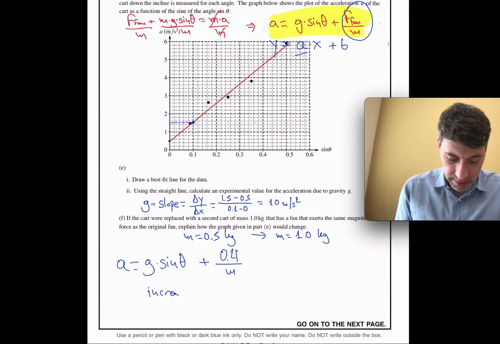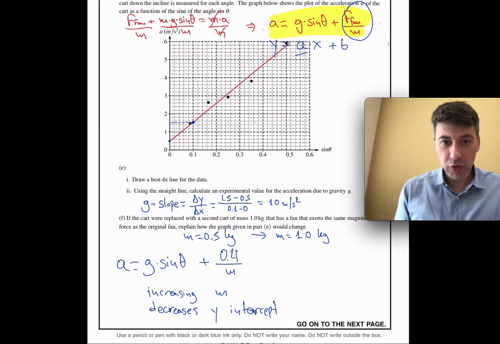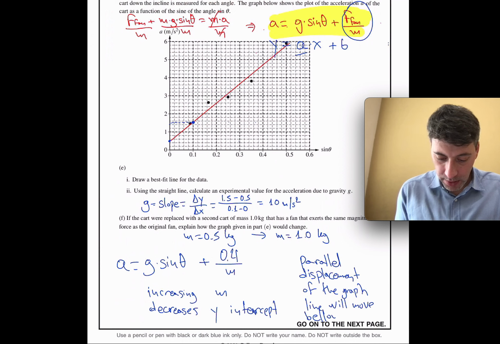Increasing the mass decreases the y-intercept, so there would be a parallel displacement of the graph, and the line would move below the original.